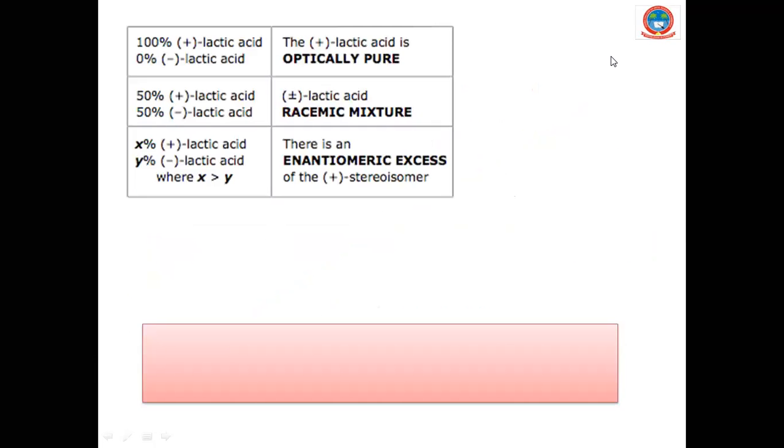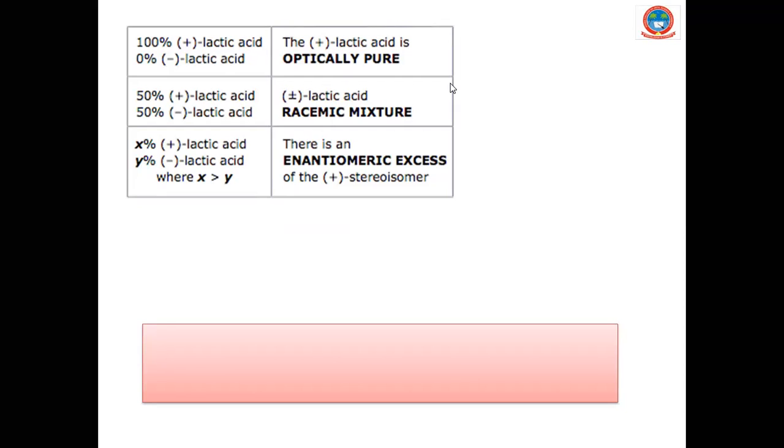Fine. So see here, this table also helps us understand how to find out the enantiomeric excess. A racemic mixture is a mixture of 50-50% enantiomers. One enantiomer is 50%, another enantiomer is 50%.